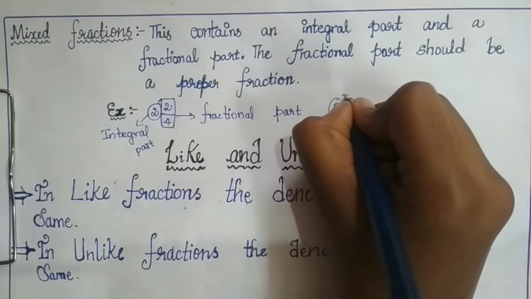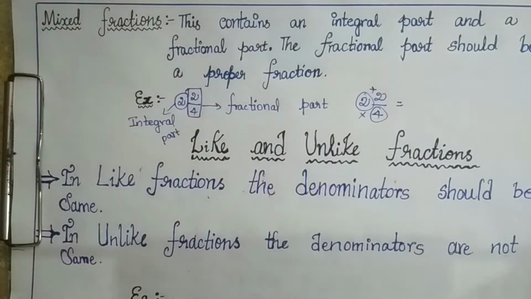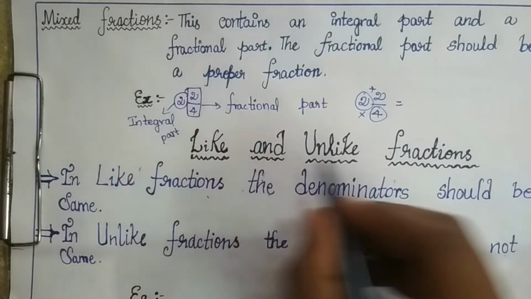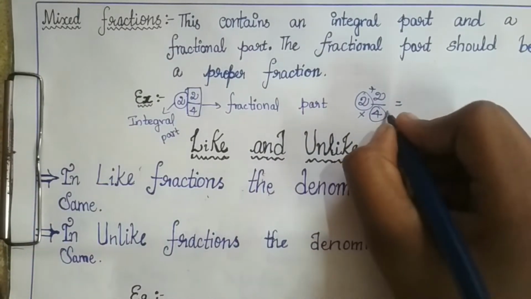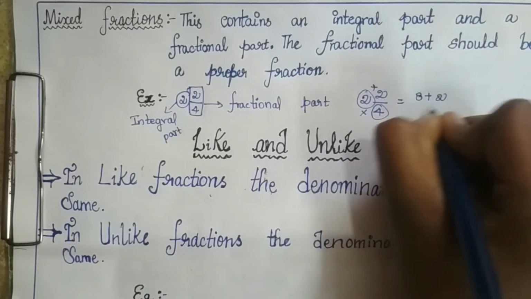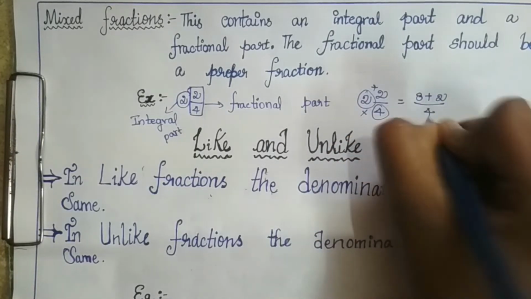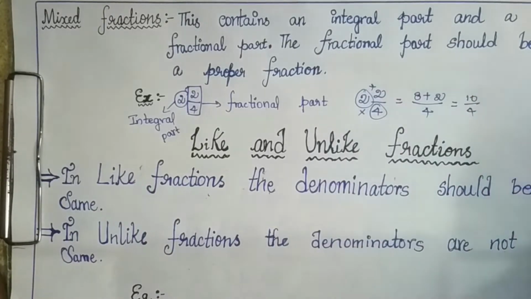To this answer, the numerator should be added. Let us see what fraction it comes. So 4 2s are 8 plus 2, but the denominator should be in the same place. It should not change. 8 plus 2 is nothing but 10 by 4.